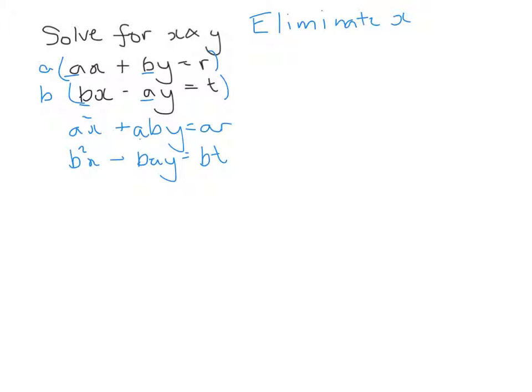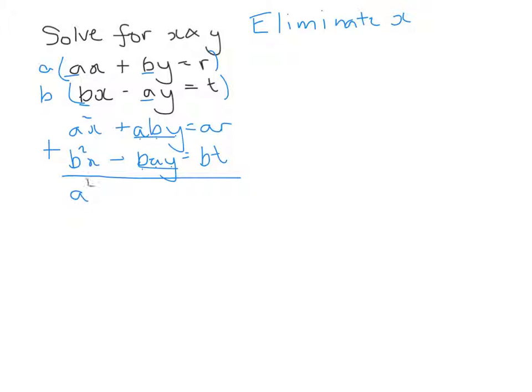Now these two expressions here are algebraically similar because a times b times y is the same thing as b times a times y. Now if I simply add these together, these two will cancel out.